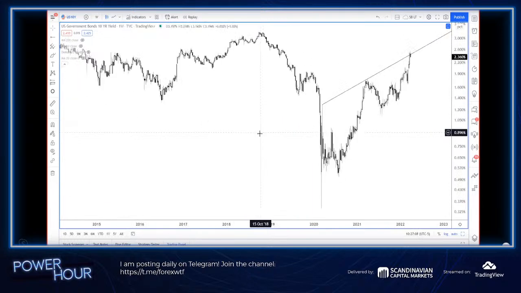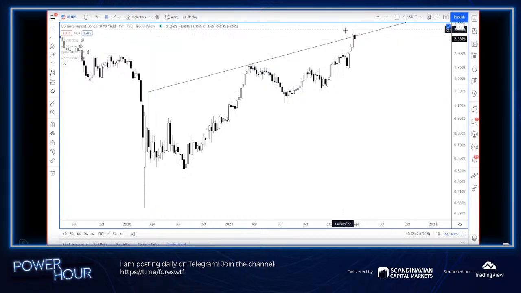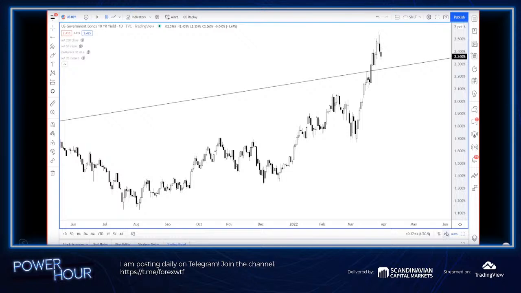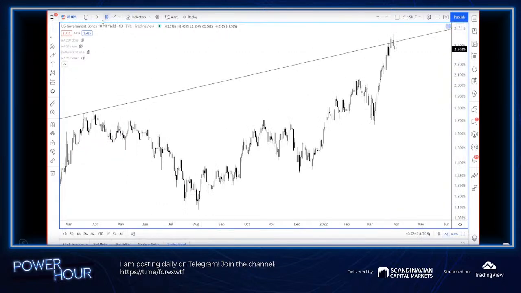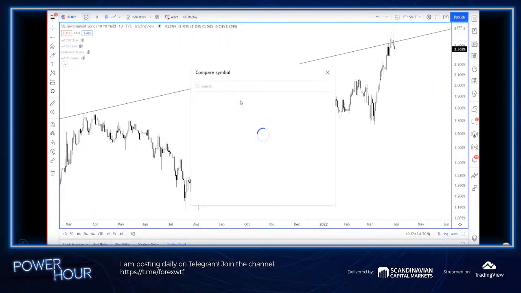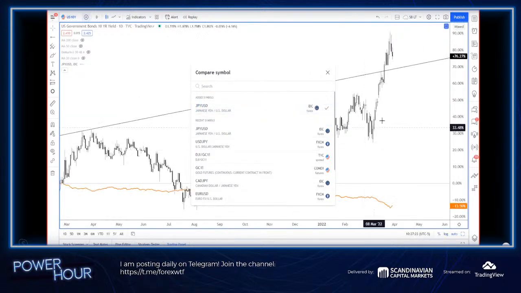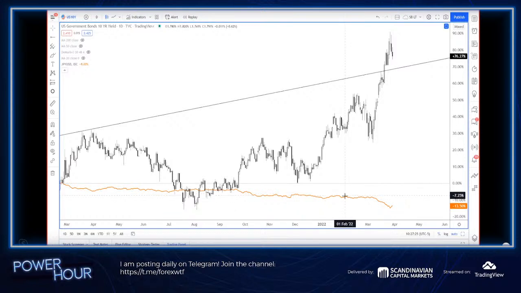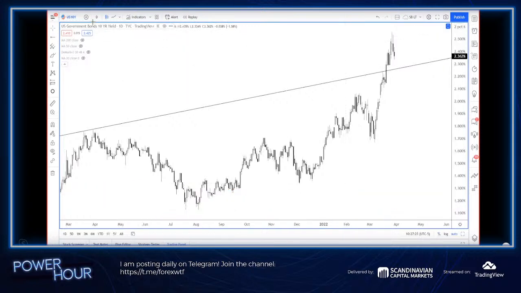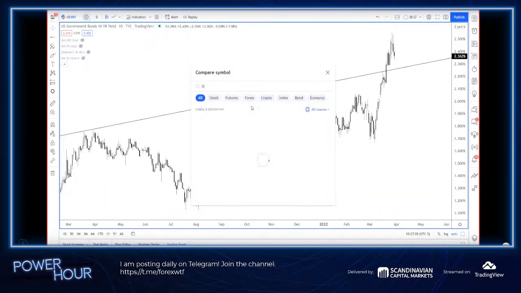Here's a weekly chart. All right, so here's that yield chart. Why don't I add in dollar yen to this, because that would be the correlation, right? Sorry, dollar yen, not yen dollar. What's wrong with me? Dollar yen.